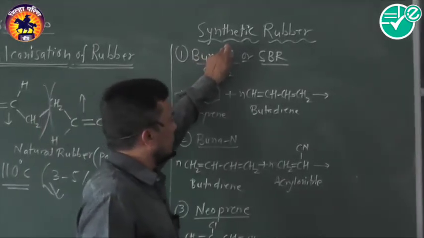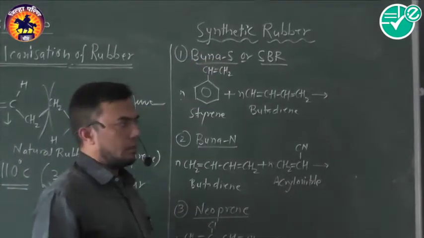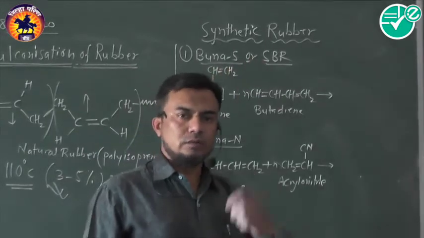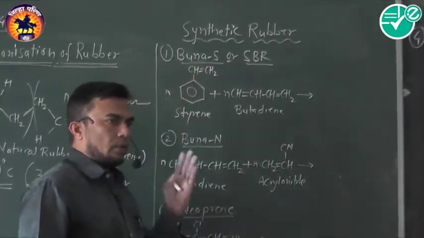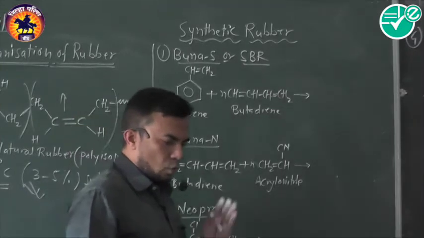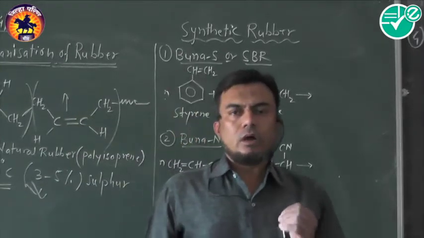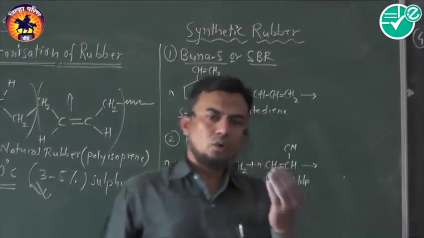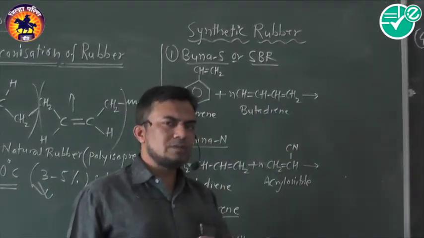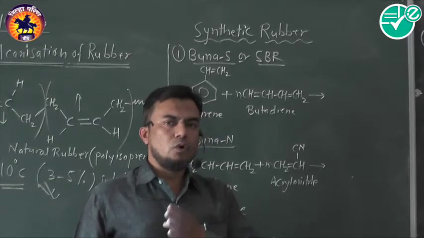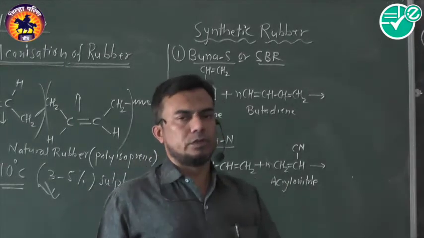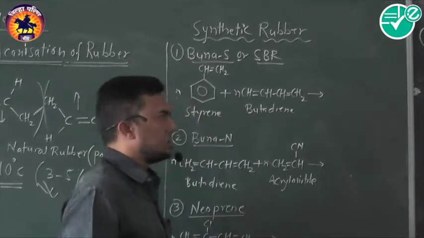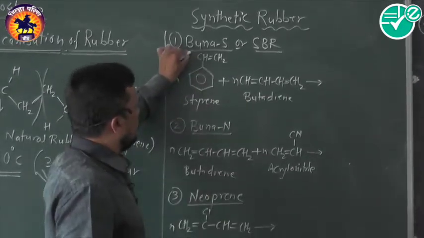There are different categories of synthetic rubber. Some of them are copolymers, as we should know from copolymerization. Copolymers are obtained from two different monomers. Copolymers are also categorized as homopolymer and heteropolymer. These are the heteropolymers categorized under copolymerization.